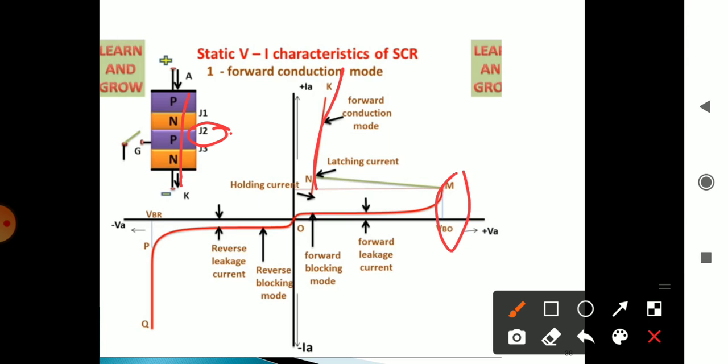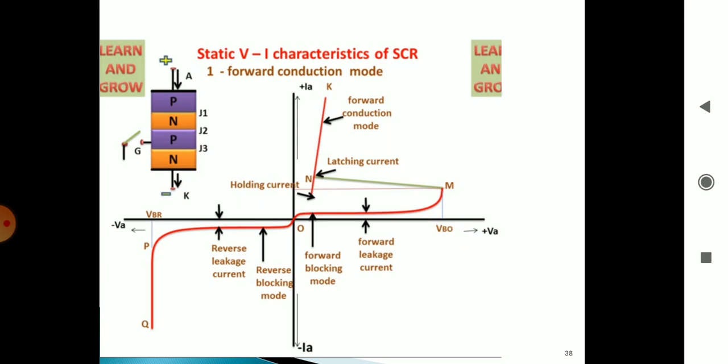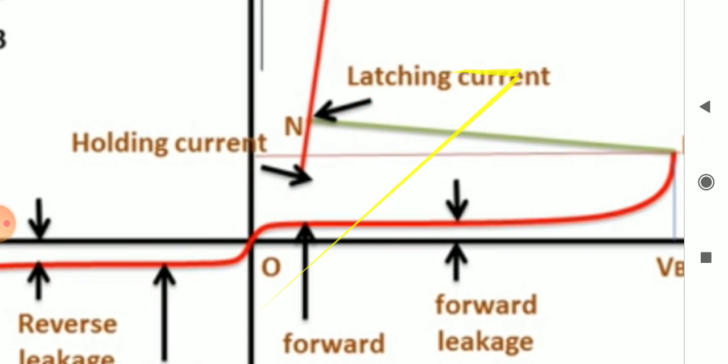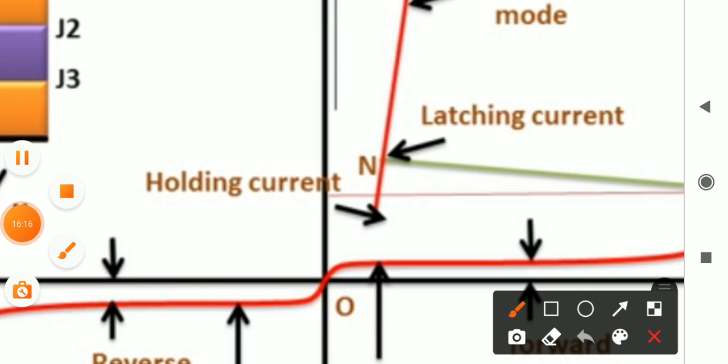Here there are two main currents, at point N and at point M. The point N is nothing but the latching current. Latching current is the minimum current that must flow through the SCR to make it go into forward conduction mode.